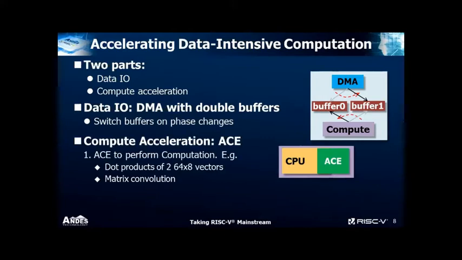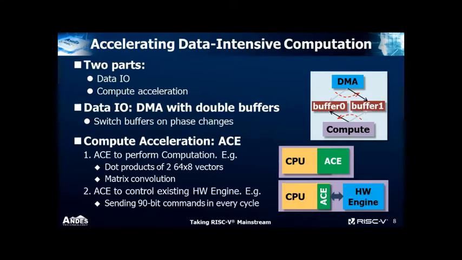And for compute acceleration, our ACE, Andes Custom Extension, first improves the computation performance like dot product of two vectors or matrix convolution. Second, to control existing hardware engines, for example, sending a 90-bit command to external hardware within one cycle.